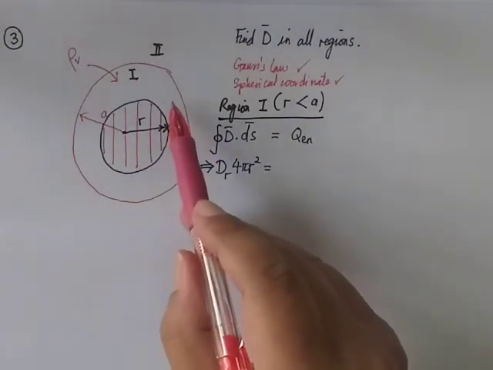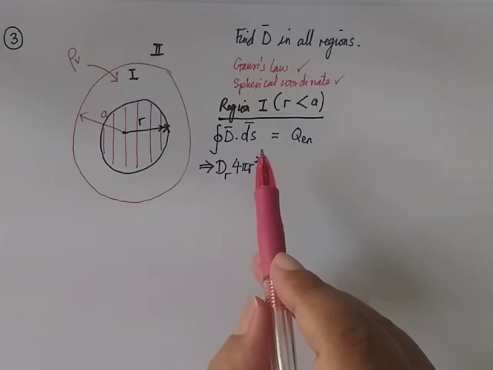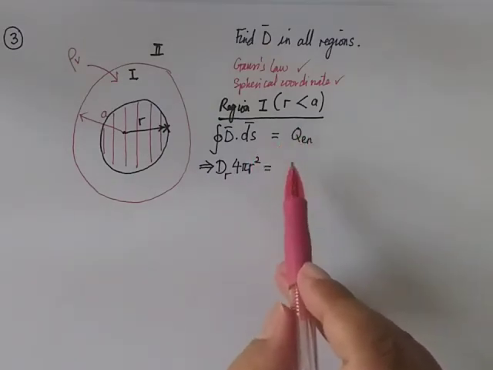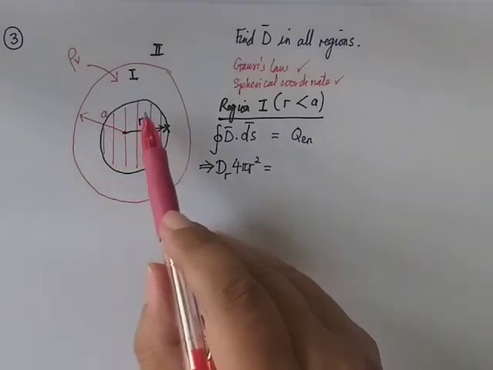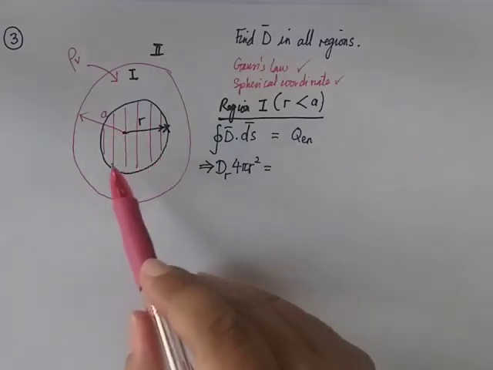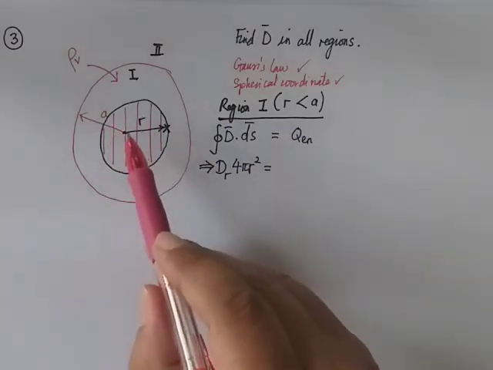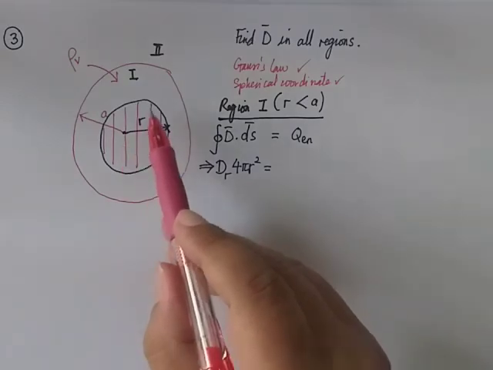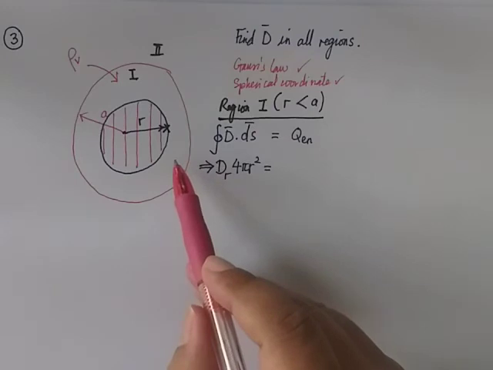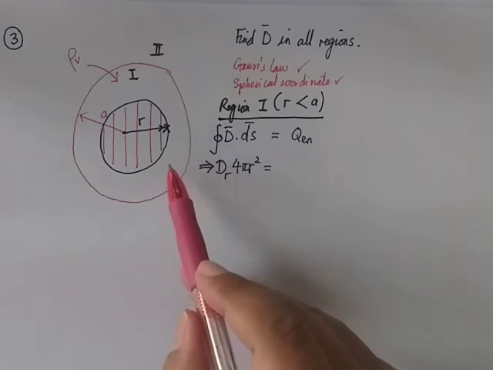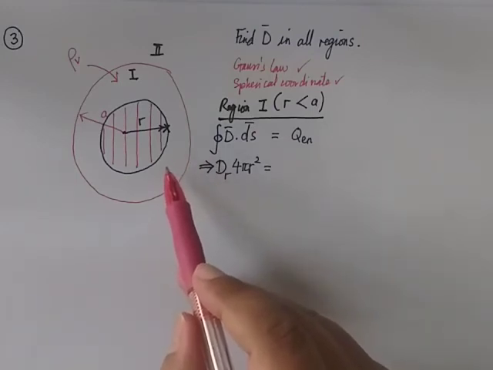Correct? But this equation is only true for the charge residing inside the Gaussian. Therefore, the only charge that I should consider here is the shaded area charge. The charge residing outside here, even though it does exist, I'm going to ignore.